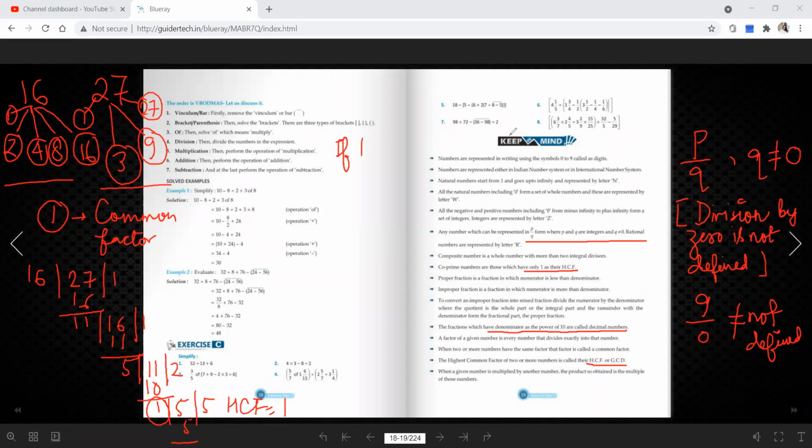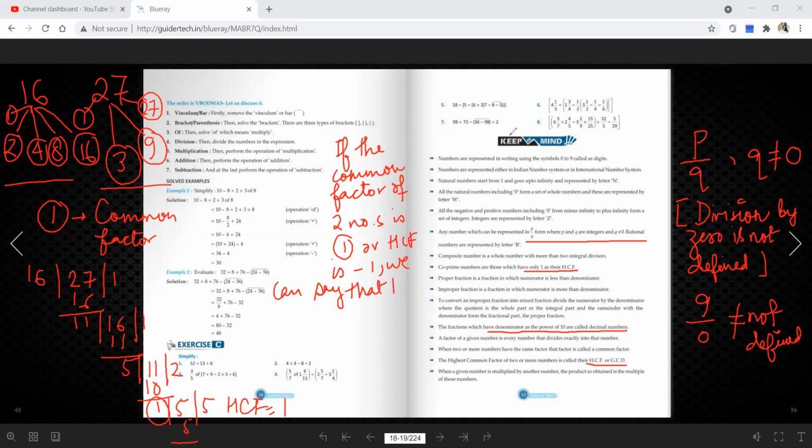If the common factor of two numbers is 1, or HCF, the highest common factor, is 1, we can say that the numbers are co-prime to each other.